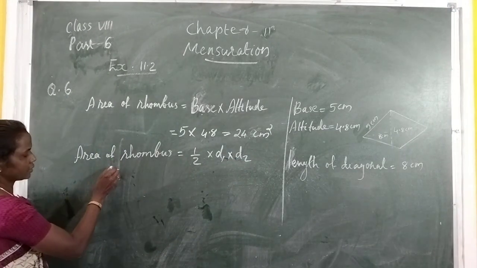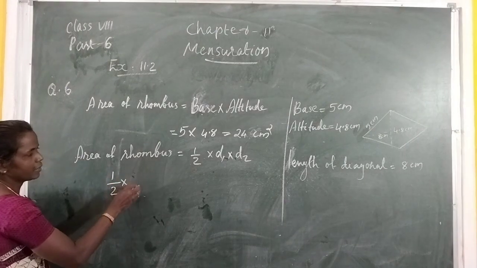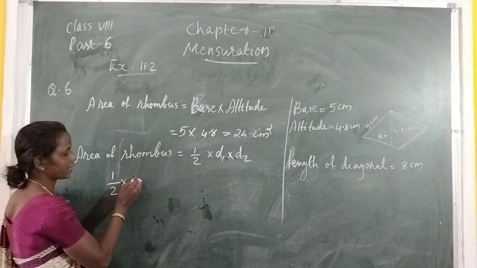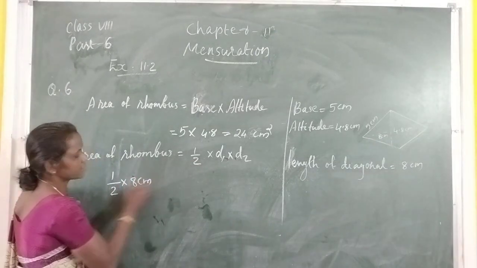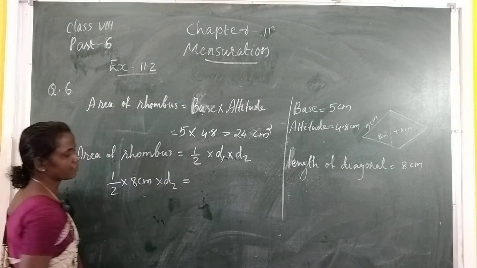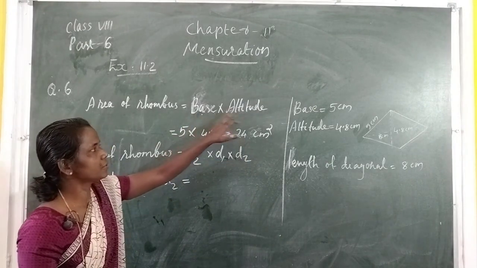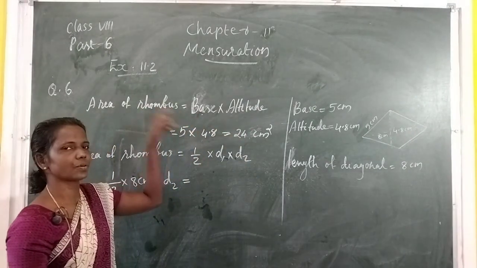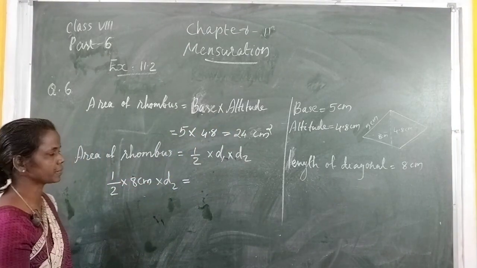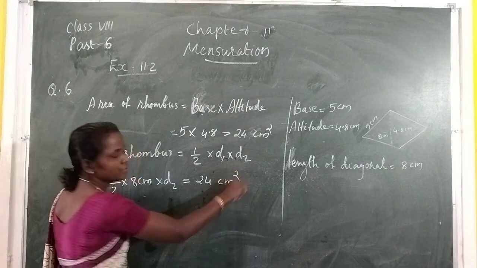Area is half into d1, and in the place of d1 we write the length of diagonal, 8 centimeter, into d2. And the area we find out from base into altitude. Base and altitude are given, so we can find out the area of the rhombus. Then here it is 24 centimeter square.